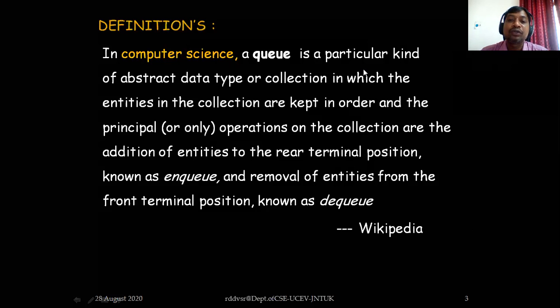But let me give you my own way of defining queues. A queue is pretty simple. It's a linear data structure in which the insertions are performed at one end and the deletions are performed at the other end. It is something like an array. Let us consider this.